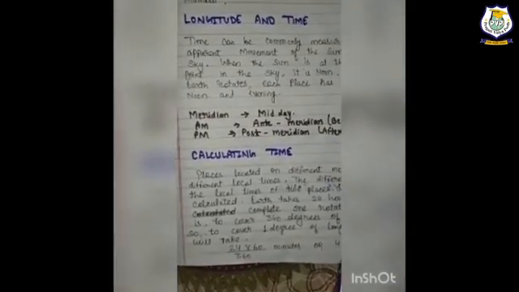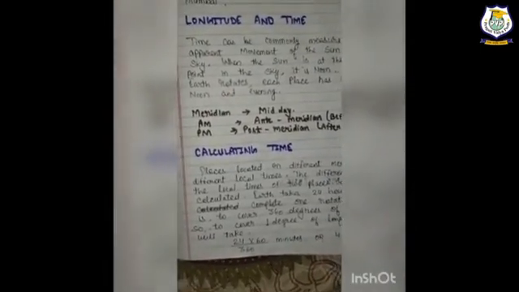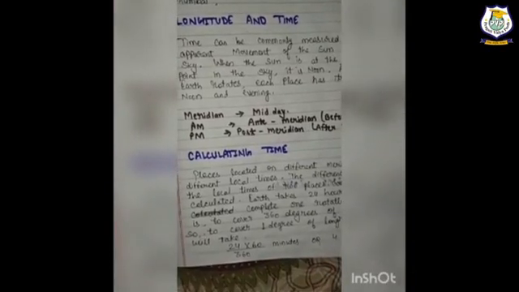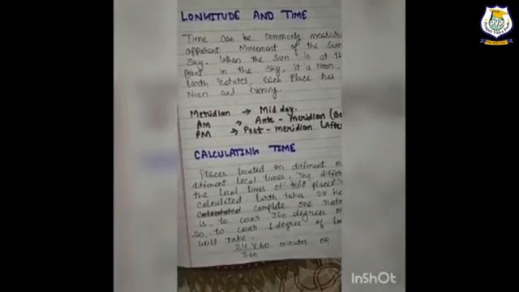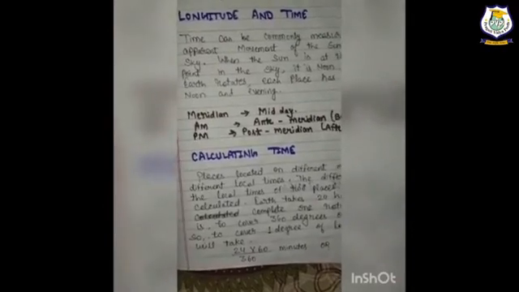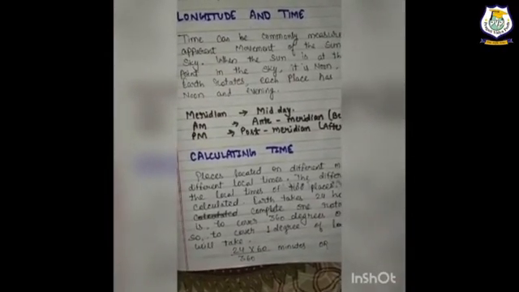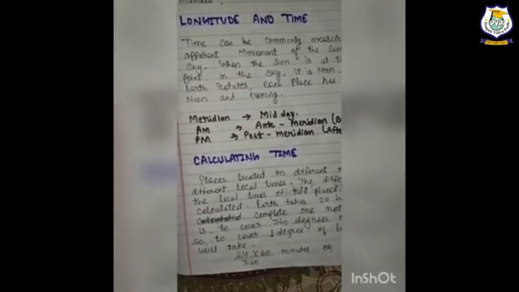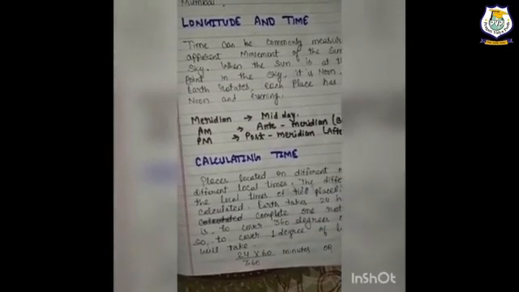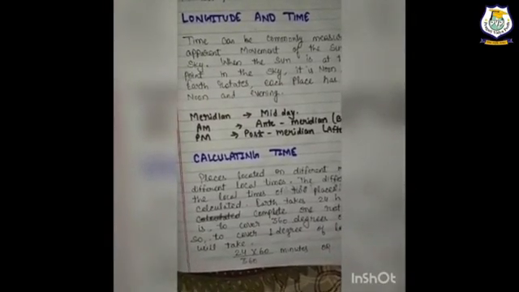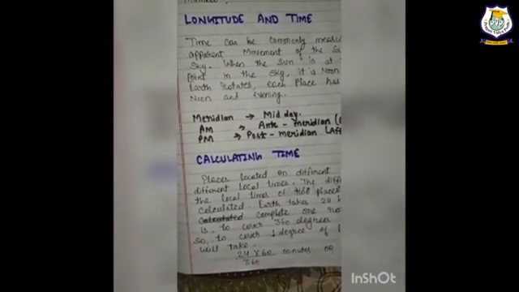You have to keep in mind that the places in the east are always ahead in time than the places in the west. Hence, for each degree of longitude towards the east, 4 minutes have to be added, while going west, we have to subtract 4 minutes from the time.